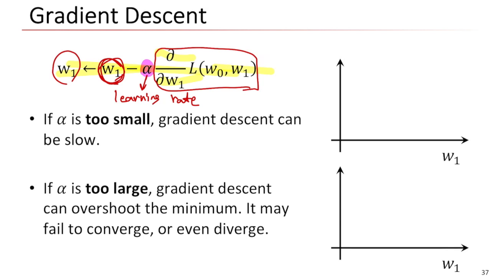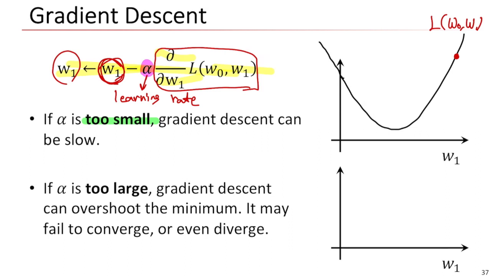So let's think about it like this. If we have a loss function that looks like this, and we start from here, what if the alpha, the learning rate, is too small?